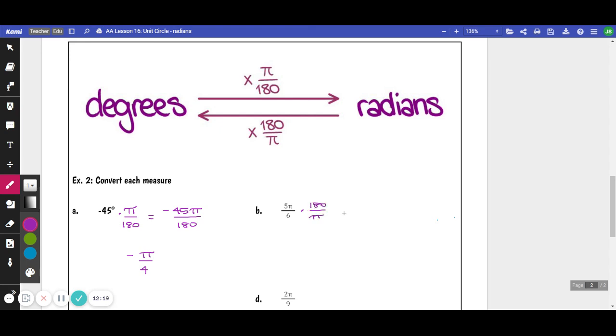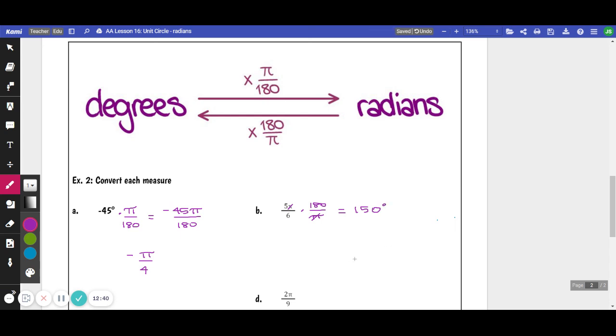Likely the ones that you get will all have a pi in them. So here, pi over pi, those cancel. You can multiply 5 times 180 and divide by 6. I'm trying to do it mentally. So 180 divided by 6 is 30. And then 30 times 5 is 150.